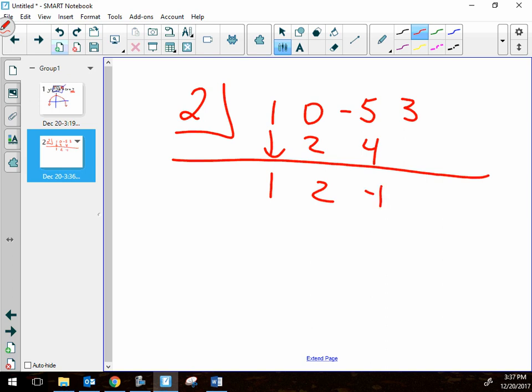Negative 1 times 2 is negative 2. Oh, so close. I'm going to cheat a little bit and change that to a positive 2. Cool, there, it worked. So there's an example of synthetic division. So we need to get you through factoring today. So today we're just going to focus on that polynomials unit and the key things that you learned there.